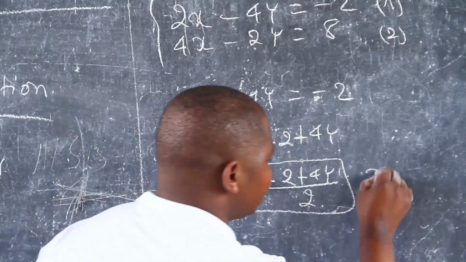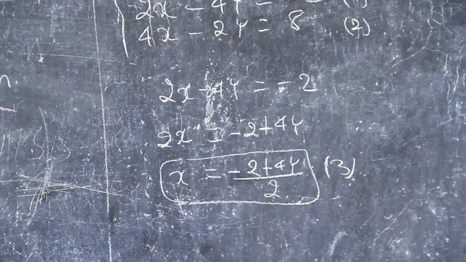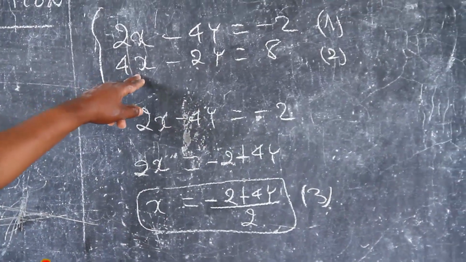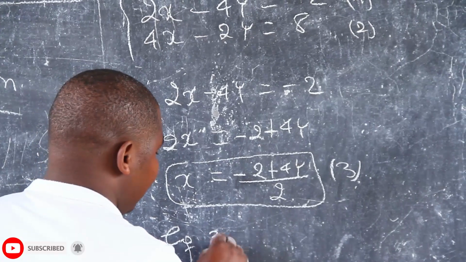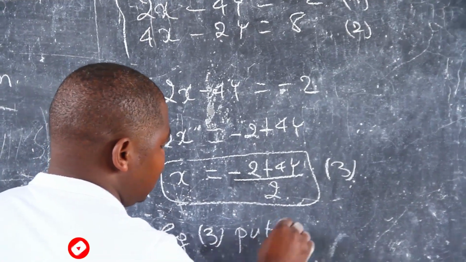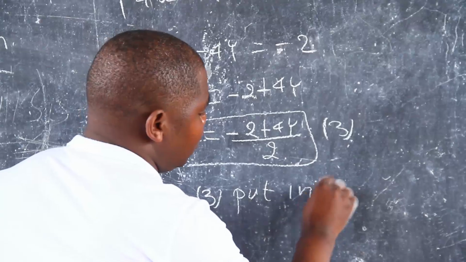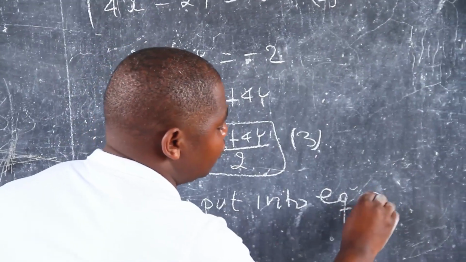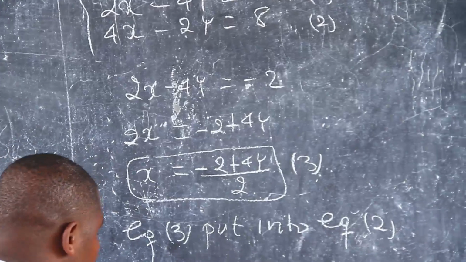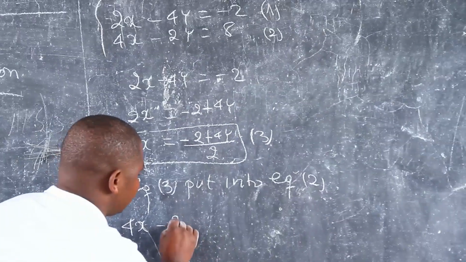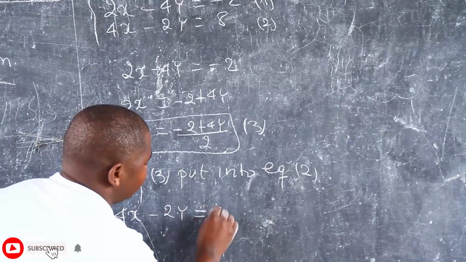In equation number 3, I'm going to replace it in equation number 2. Let's take equation 3, put it into equation 2 in order to get equation number 4. I have 4x minus 2y equal to 8.